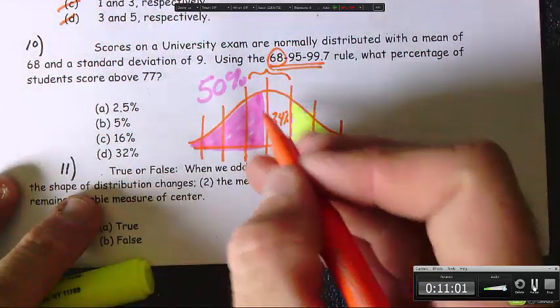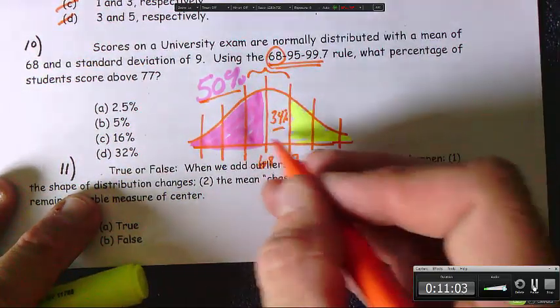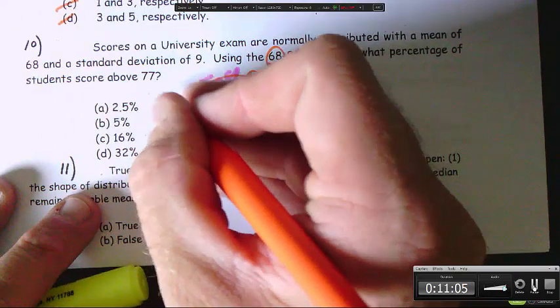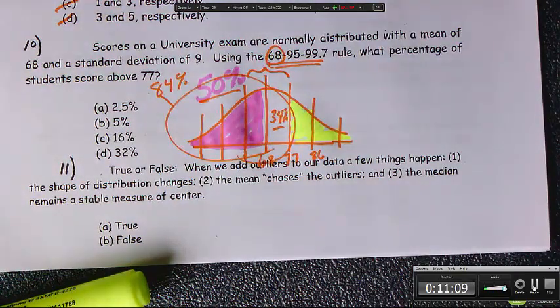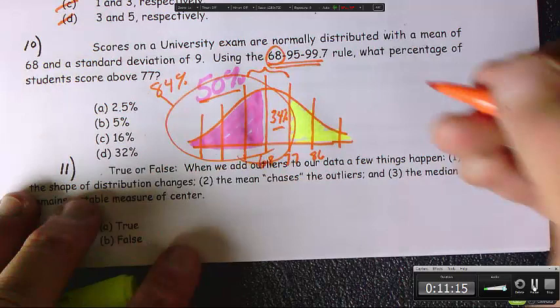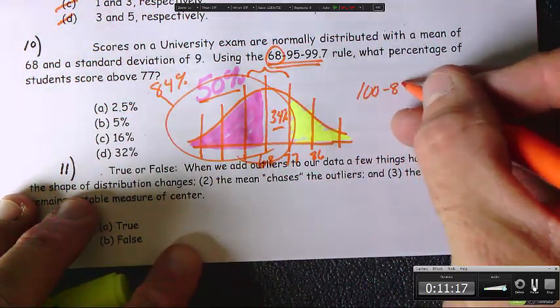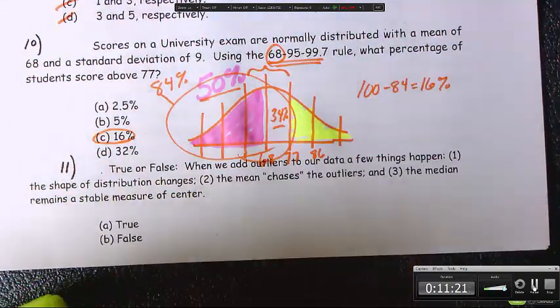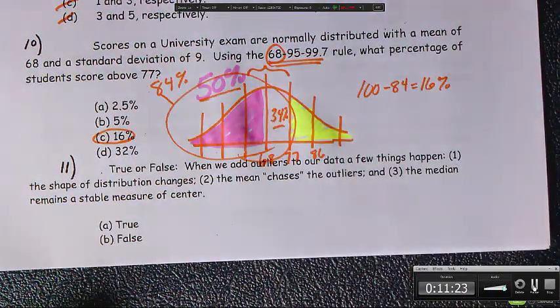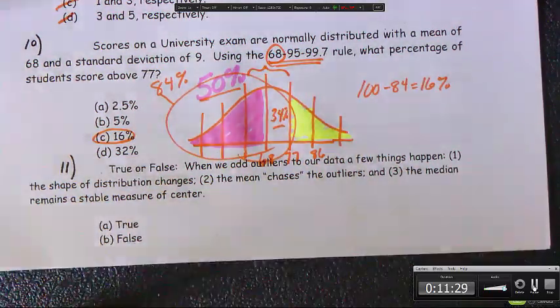That means that total, 50 and 34 makes all of this 84%, which is how many people were below a 77. The question asks for how many people scored above a 77. And the entire curve makes 100%. So 100 minus 84 is 16% or above. What about the percent that scored 77? You always just treat it as a cutoff score. Above, below, you don't ignore the actual value.